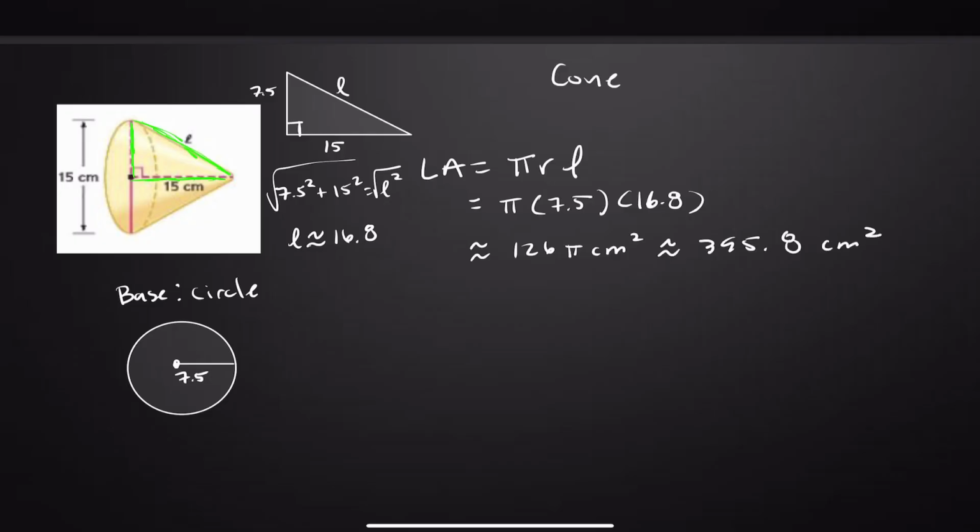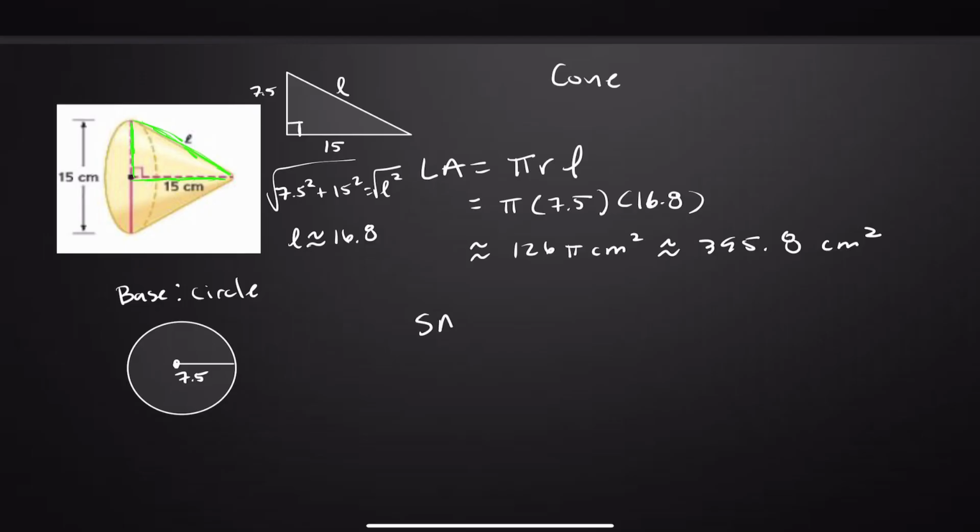But, you know, just thinking about this right now, most likely when you're dealing with a base that's a circle, you're going to be leaving your answer in terms of pi, okay? Most likely. But it's just safe that you know how to do both. Knowing how to leave your answer in terms of pi and giving the rounded answer.